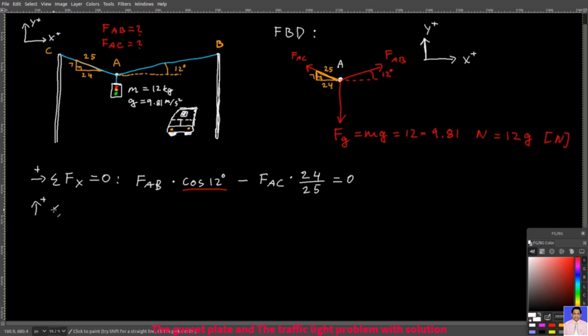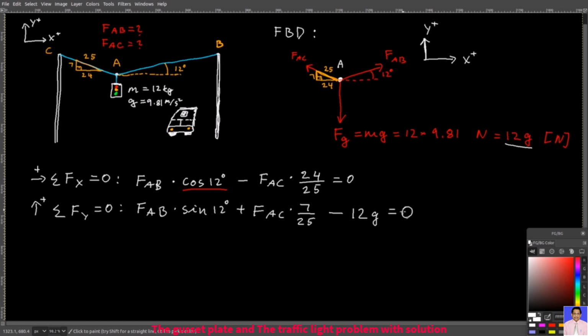And now the sum of Fy equals 0, and so you have FAB times sine 12 degrees plus FAC times 7 over 25 minus, and now this force here, 12g, and it equals 0.